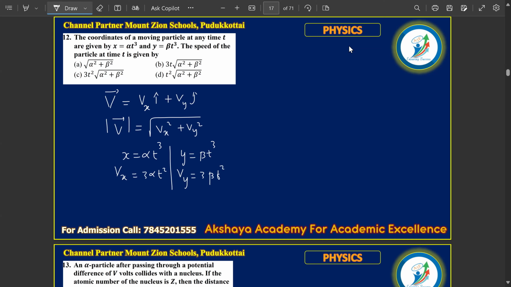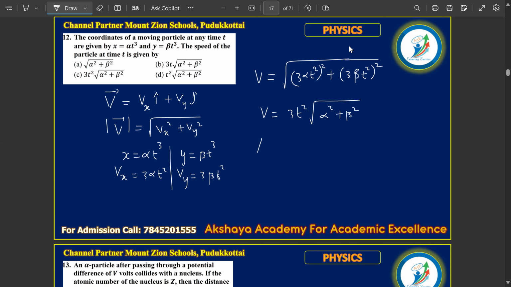When we substitute this, the magnitude of velocity V becomes root over (3 alpha t square) whole square plus (3 beta t square) whole square. When we solve this, we finally get the answer as 3t square root over alpha square plus beta square. So the correct answer for question number 12 is option C.